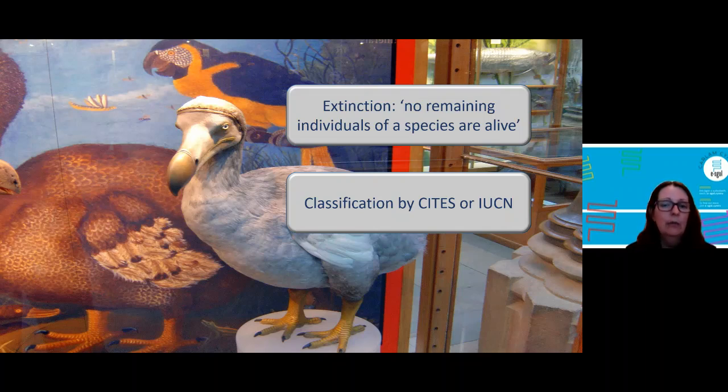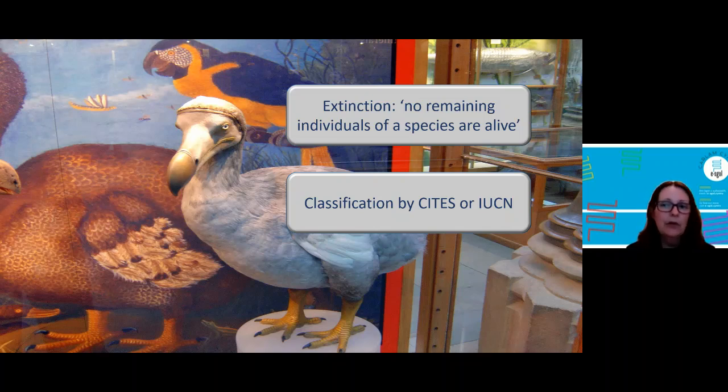Now, the dodo we know is extinct, and it lived in Mauritius. A bit of background information about it as an organism, and what we were traditionally led to believe was that as sailors were travelling and discovering islands, they went on to Mauritius and damaged the dodo population. They killed the dodo and brought those specimens back.